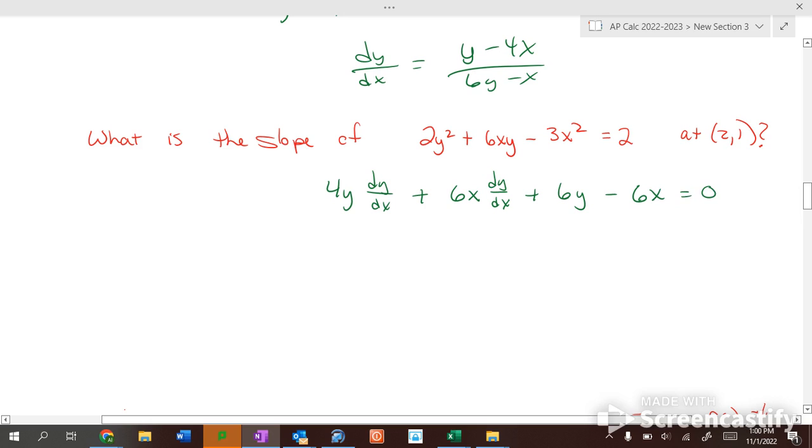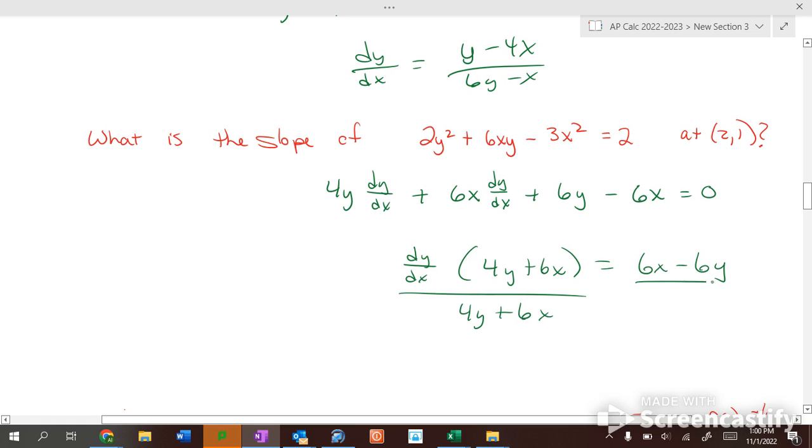Equals 0. So then, moving those to the other side, we get dy dx times 4y plus 6x equals 6x minus 6y. And divide by 4y plus 6x.